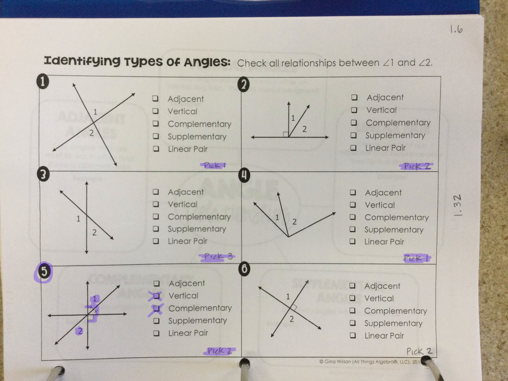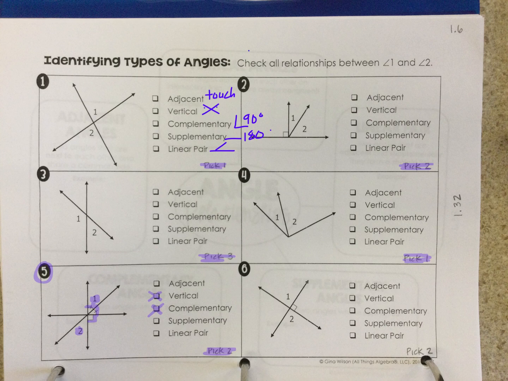Let me give you a little key on here. Adjacent means touching. Vertical are across from each other. Complementary makes 90 degrees. Supplementary makes 180, a straight line. And linear pair is also a straight line.